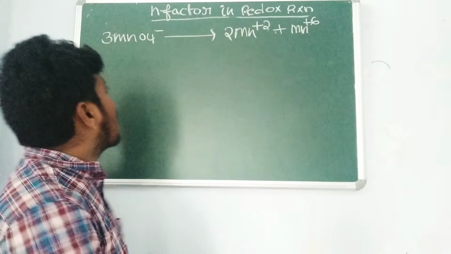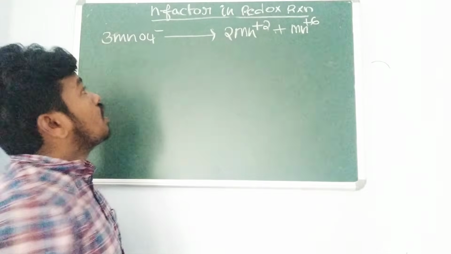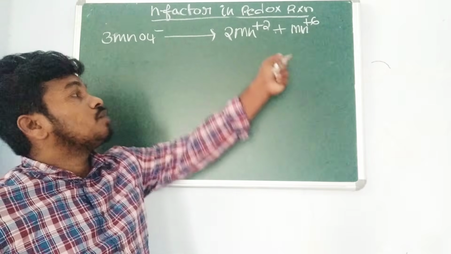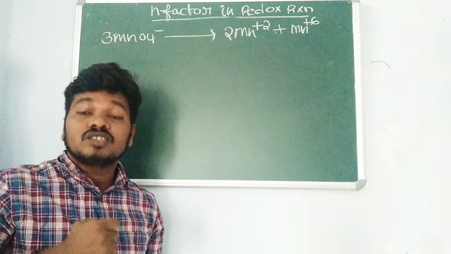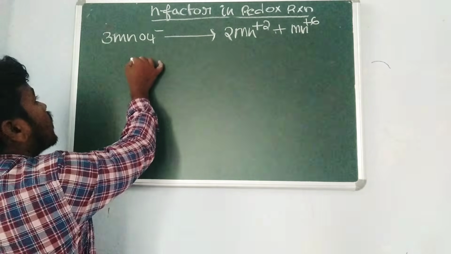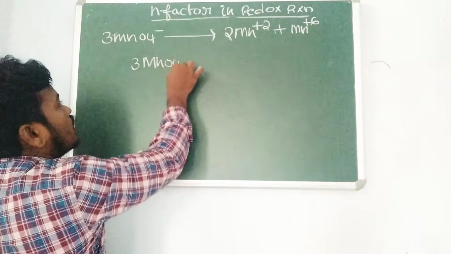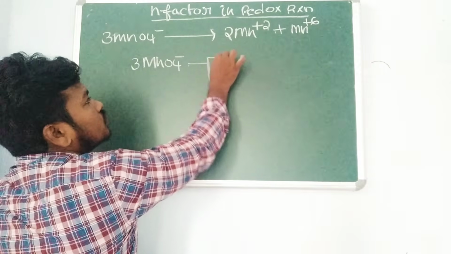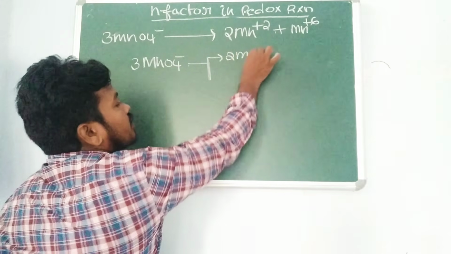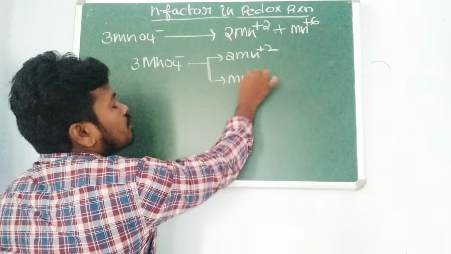The example: 3 moles of MnO4 minus giving 2 moles of Mn plus 2 and 1 mole of Mn plus 6. So we have to calculate the change in oxidation number. Total how many moles of MnO4? 3 moles. Out of 3 moles of MnO4, 2 moles changed into Mn plus 2 and 1 mole changed into Mn plus 6.